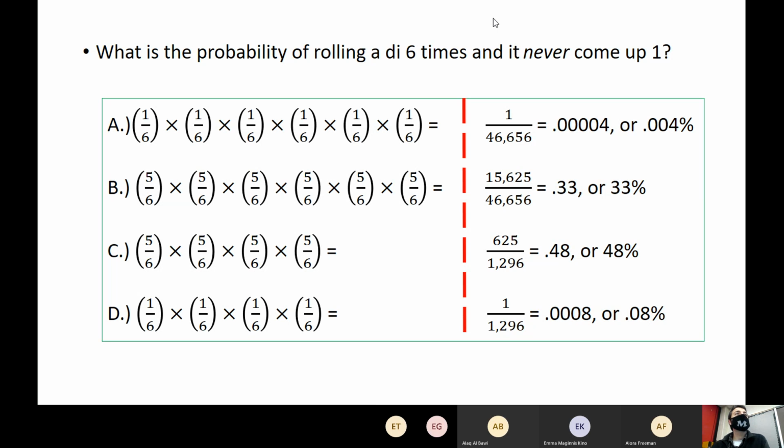All right, what about you guys? You guys think it's B? Okay. All right, thank you, Emma. Go ahead and put your hand down. Raise your hand if you think it is C. All right, and anybody for D?